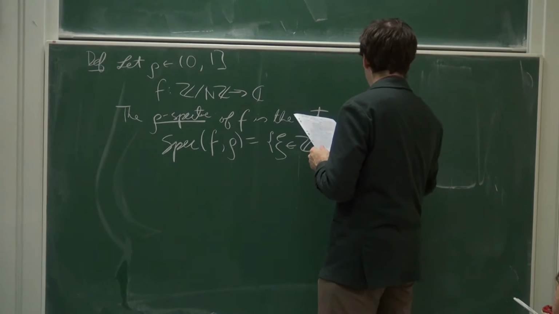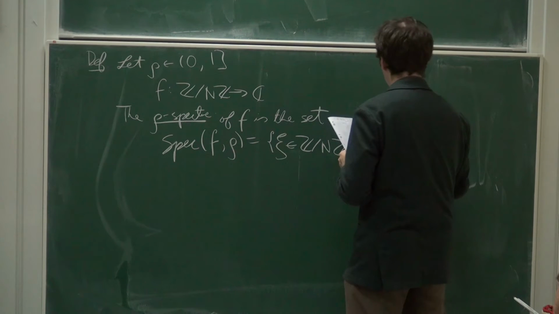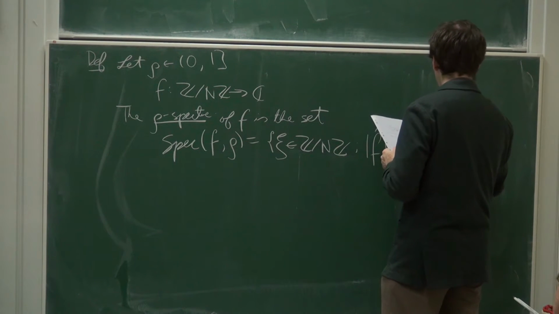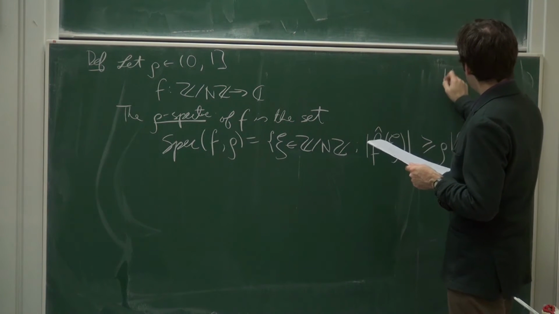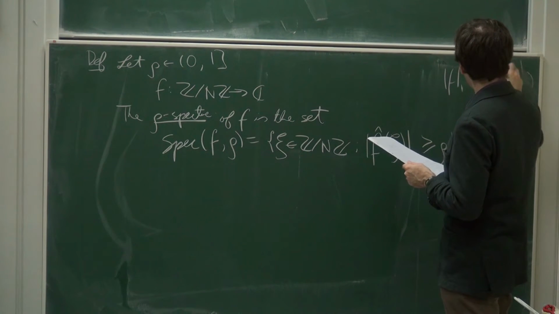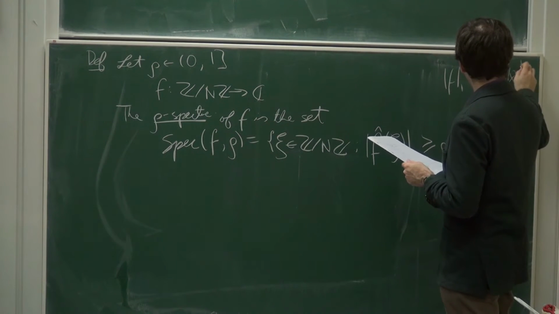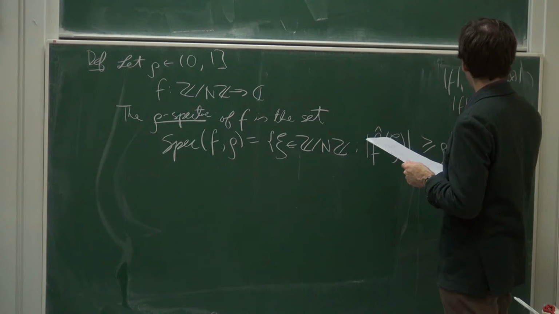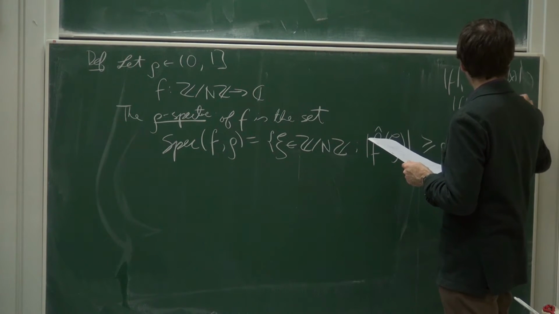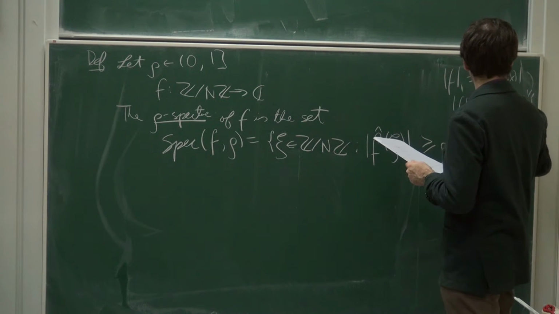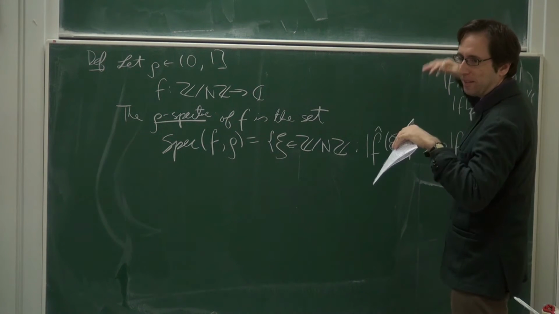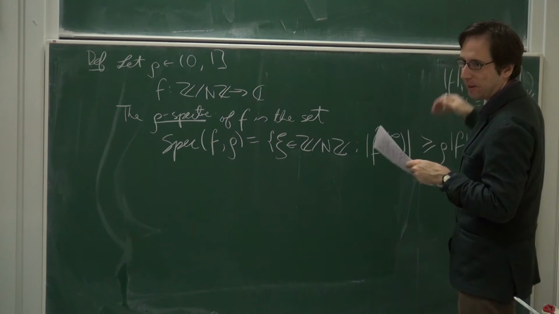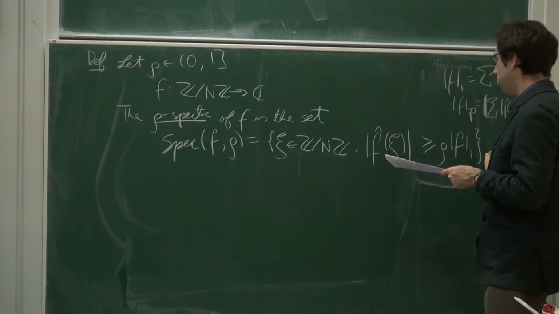Of course, f hat of psi is always going to be at most the L1 norm of f, that is the sum of f. Just a brief reminder: in physical space it is just f of x, and in general the L^p norm is in physical space. In Fourier space there's a renormalization. Alright, so this is a spectrum.